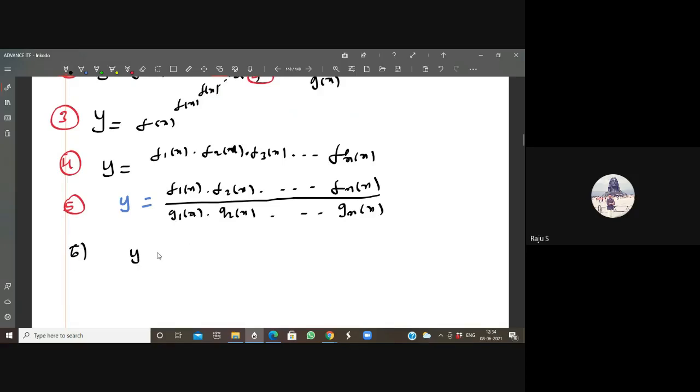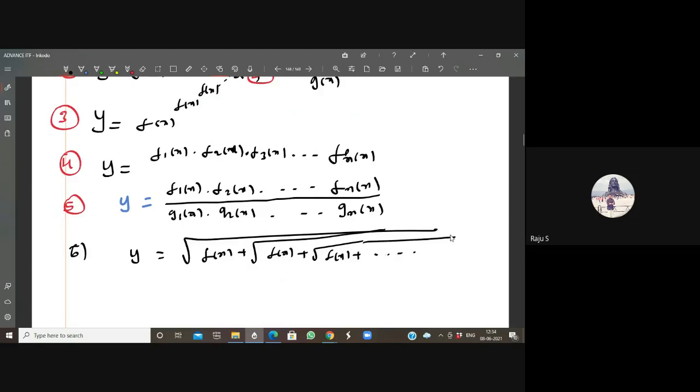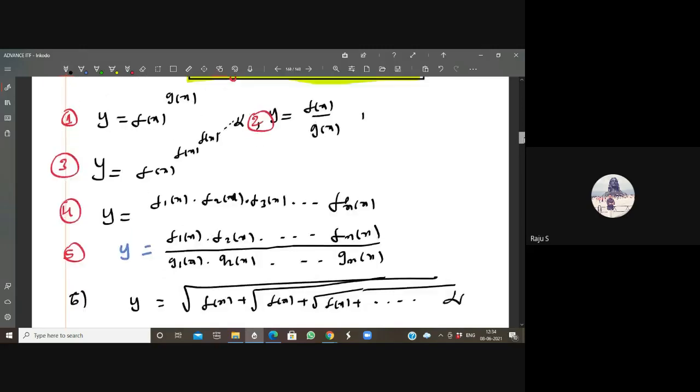Sixth one, y is equal to root f(x) plus square root of root f(x) plus square root of root f(x) plus so on, till infinite terms. In that case also we can apply logarithm.